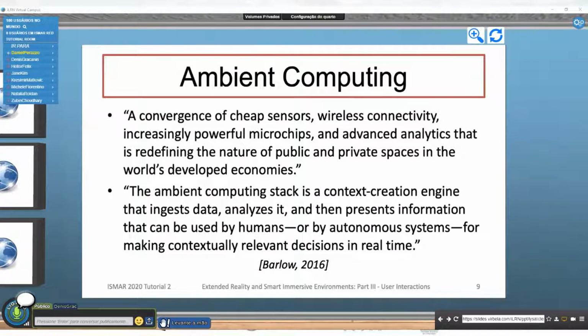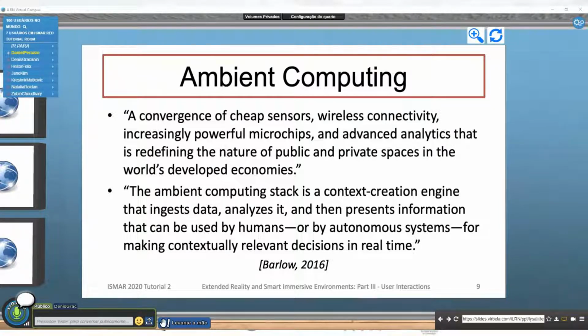and then processes the data, analyzes it, and results in information that can be used by humans or perhaps some other system in order to provide contextual decisions in real time. The emphasis here is on the ability to do real-time analytics or real-time computation on the collected data, which then also leads us back to what we discussed about edge computing in IoT.